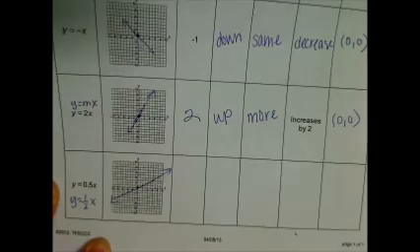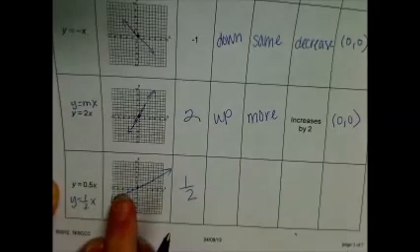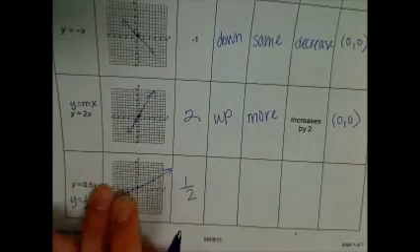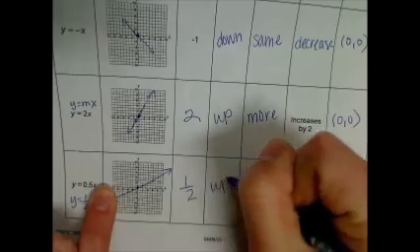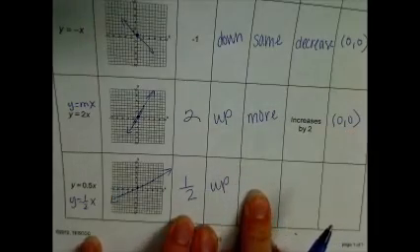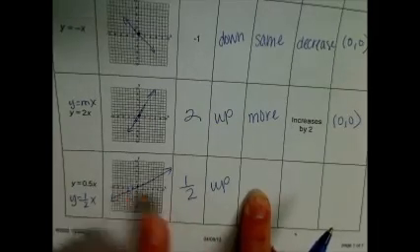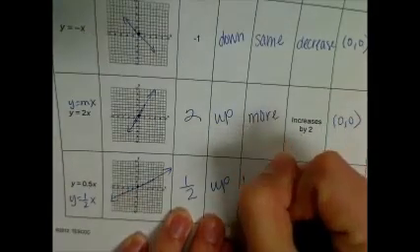Now your value of m, or your slope, is 1/2. It's still going in the upper direction from left to right, so you will write up. Now, is this less steep, more steep, or the same? You should write it's less steep.